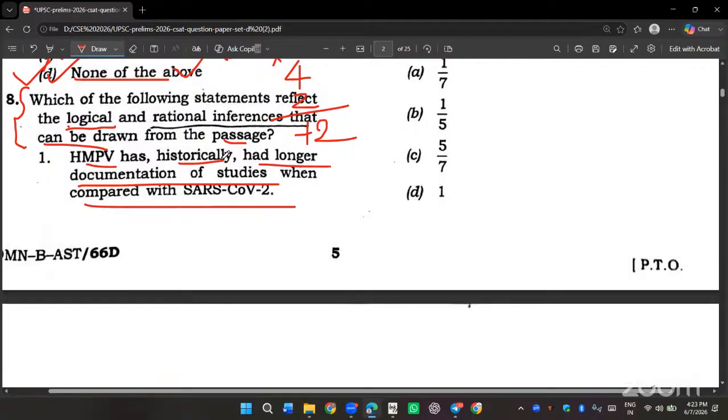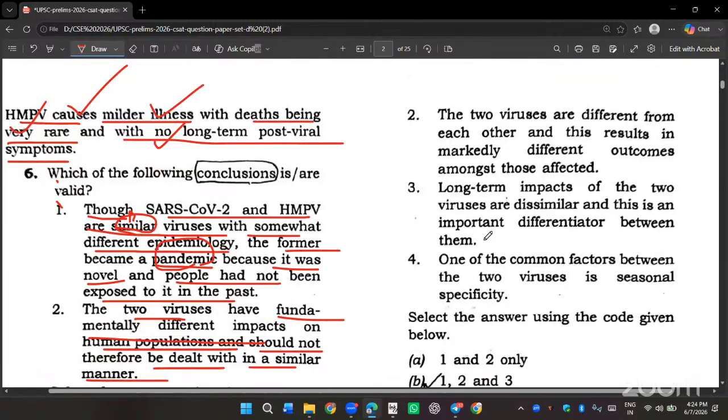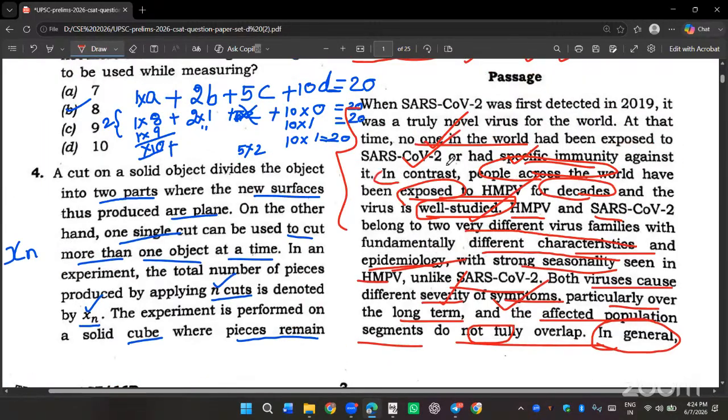Clue: the author did not say historically. You infer from the passage logically. Remember this. So historically, it was studied, sir, for the past 5 decades. They made documentation of studies. That means well studied. "When compared with SARS, sir, it is not given." You are making a mistake. That is why I told you to read the passage carefully, in contrast.